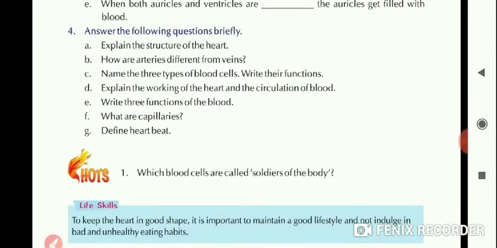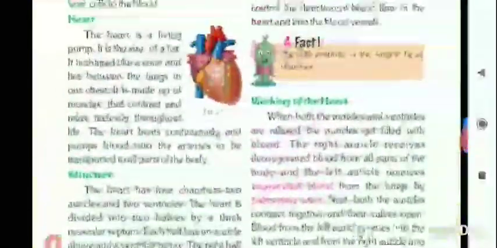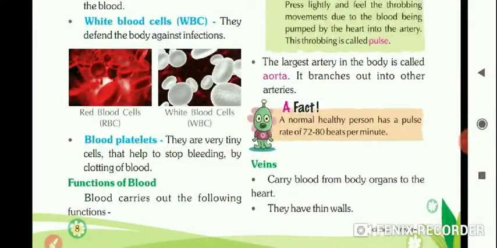Write three functions of the blood. Question number E. Three functions of blood, for this page number 8. Here it is given function of blood. Blood carries out the following functions.